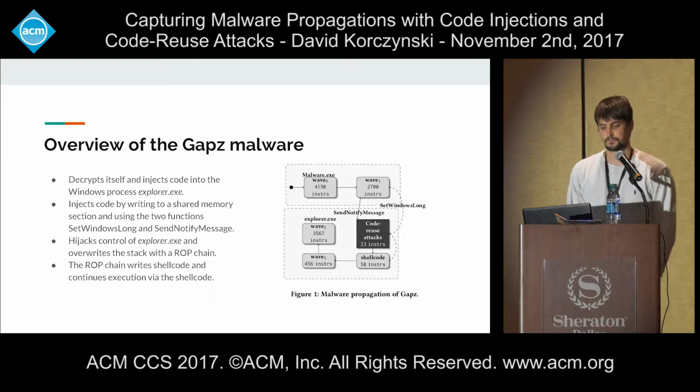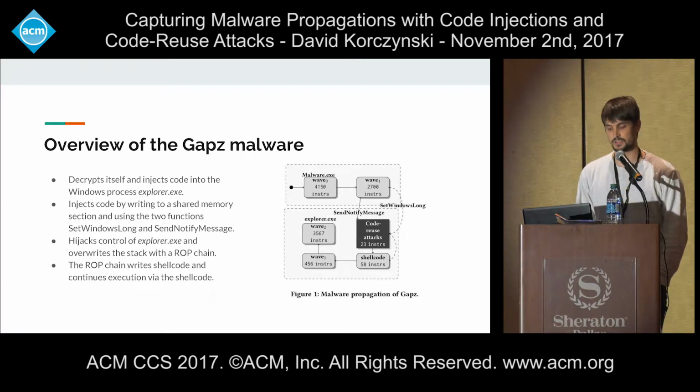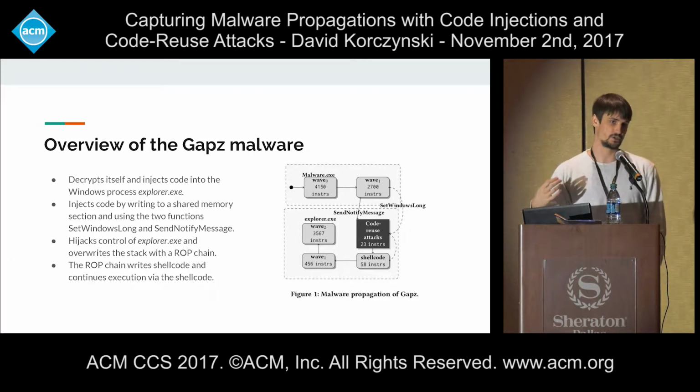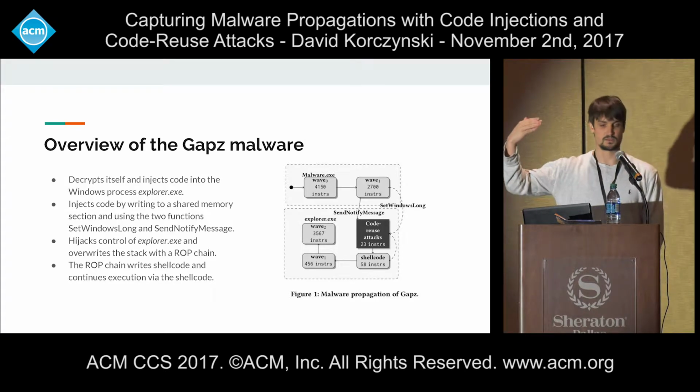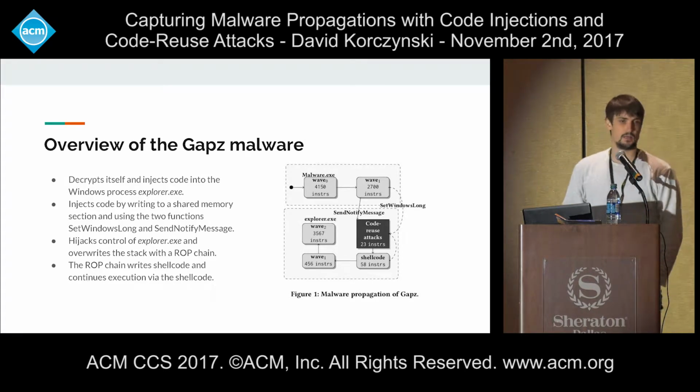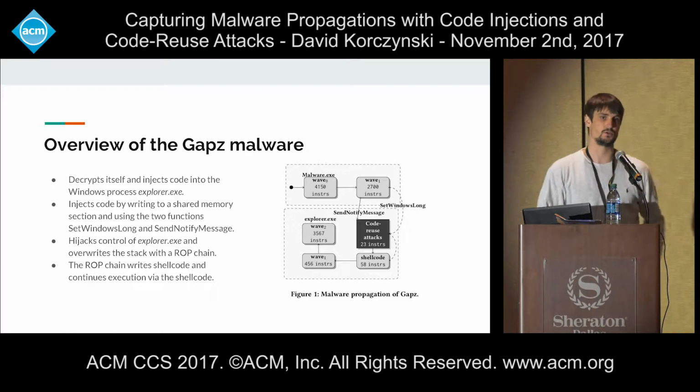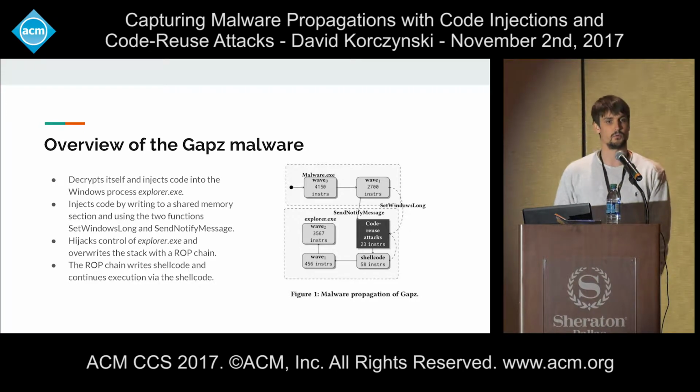What happens inside of explorer.exe is that it hijacks control over a bunch of indirect branch instructions. These indirect branch instructions are redirected to a bunch of gadgets that will override the stack with a ROP chain, and the ROP chain then continues execution with shellcode, and we just see more and more execution inside of explorer.exe.